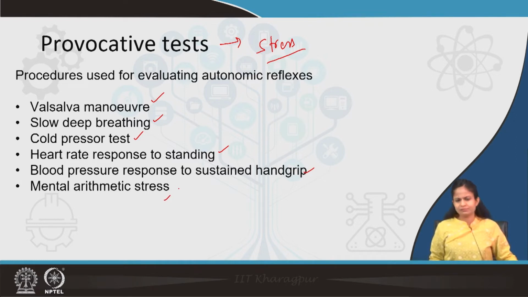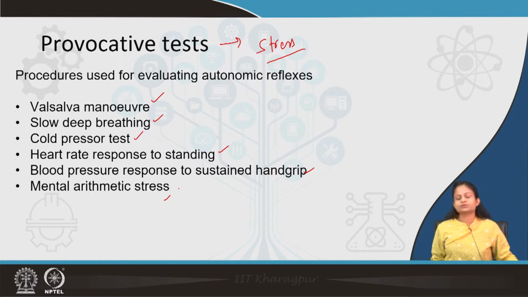These are the simple basic non-invasive tests, and before moving on to each test, it is always advisable to perform the tests in a group. By assessing with only one test, suppose the Valsalva maneuver or cold pressor test or sustained hand grip, we just can't draw any conclusion about the autonomic functions in any person, because the autonomic nervous system deals with several pathways.